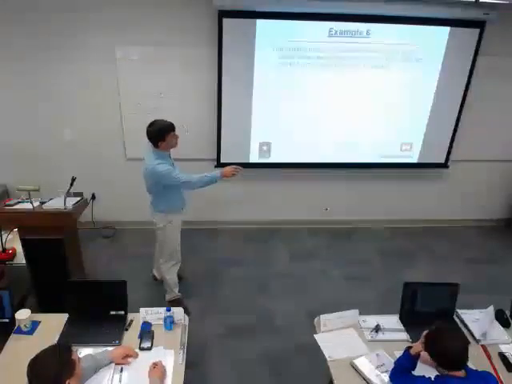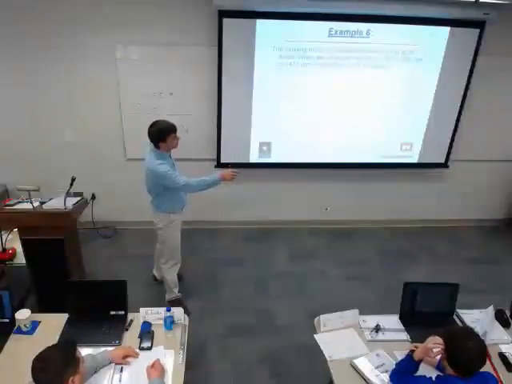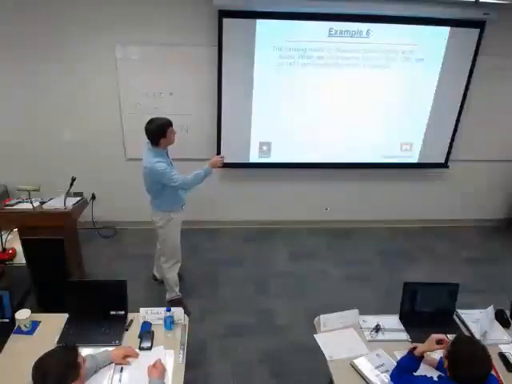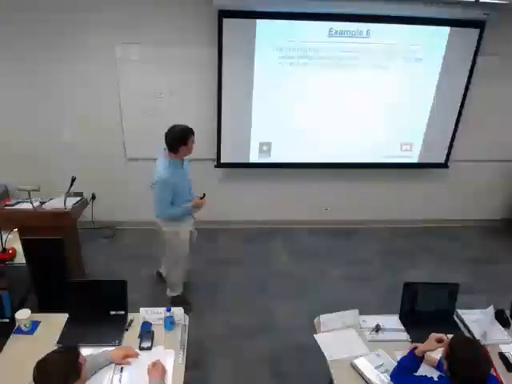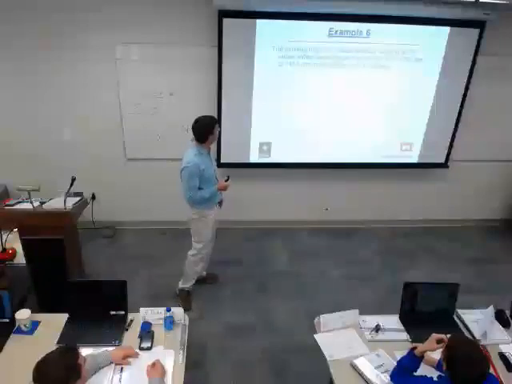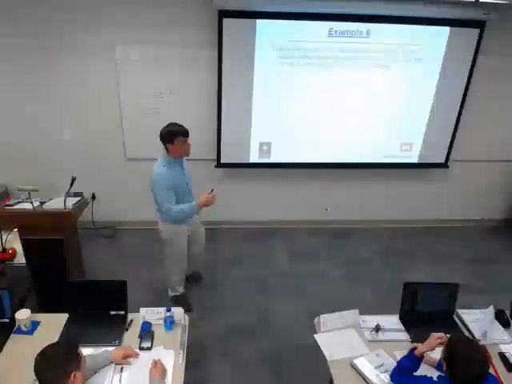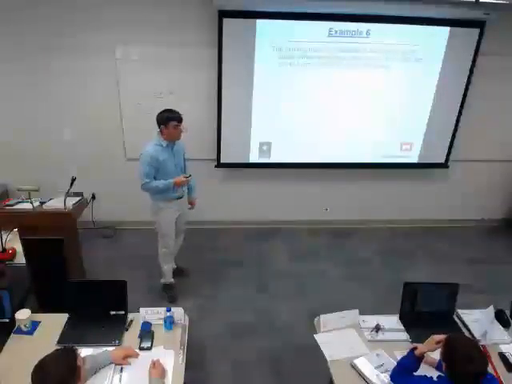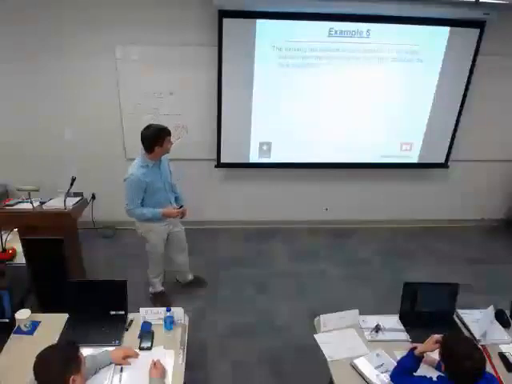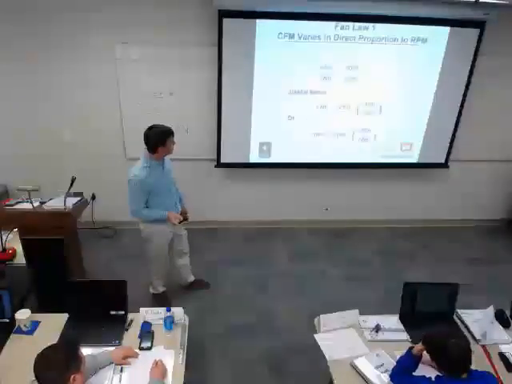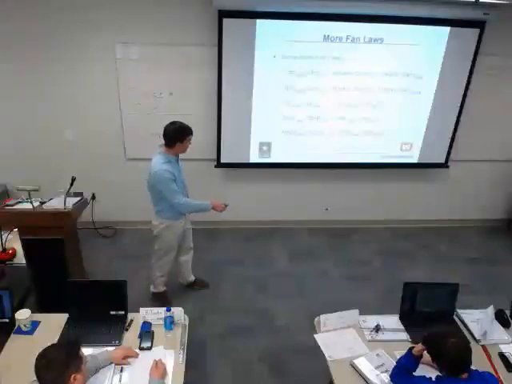We are initially at 30 amps. The same numbers, 1250 RPM, 1417 RPM is what I want to get to, and I want to calculate what's that going to do to my current. And that's here.